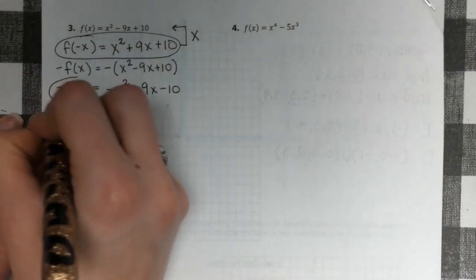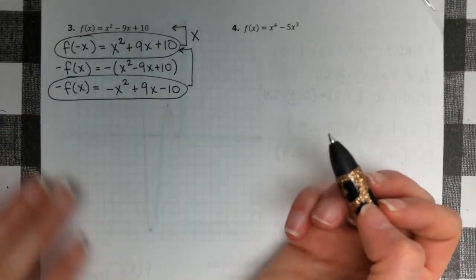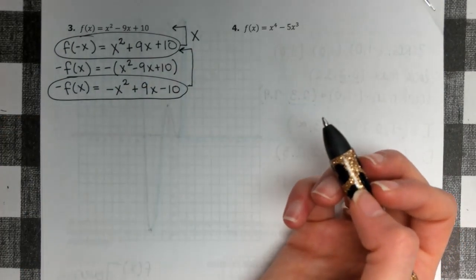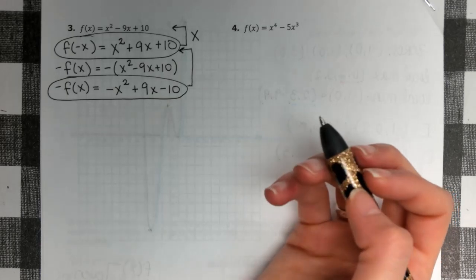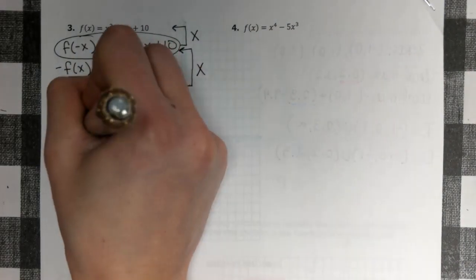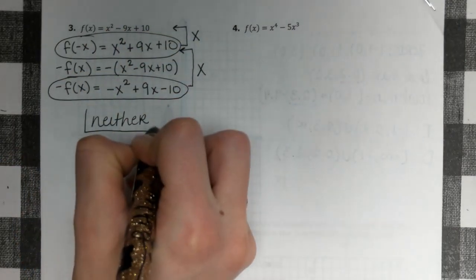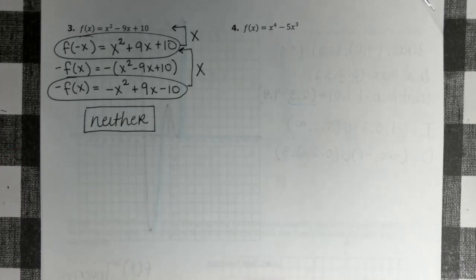So I'm going to compare that to my f of negative x. Are those the same? No. Neither one is equal, so it's neither. It's neither even nor odd. So that means if I were to graph them, there's no symmetry there.